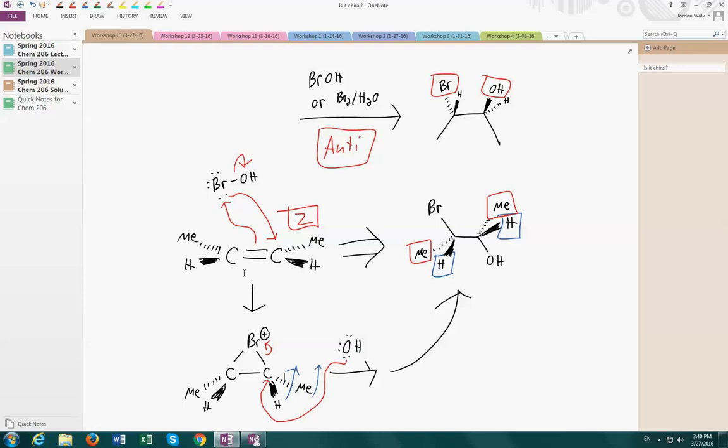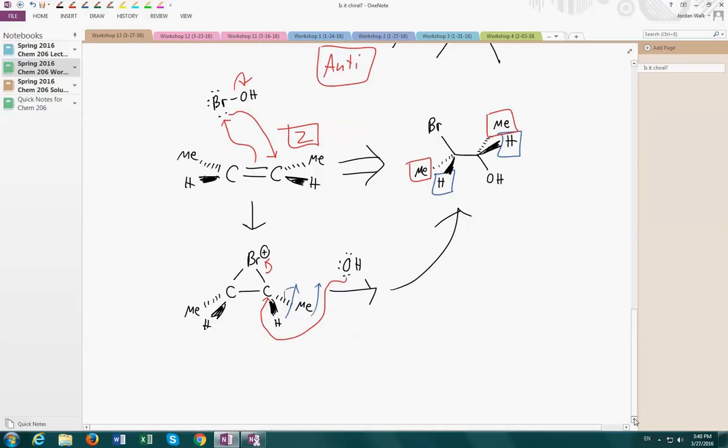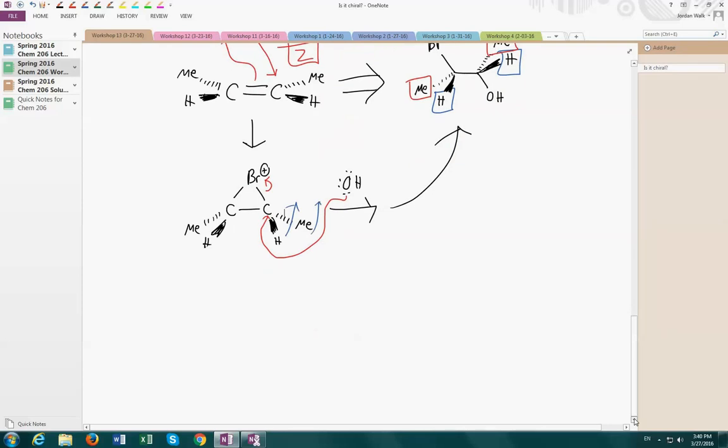In the back? How would it differ if it was Br2 in H2O? So the mechanism is a little bit different in that you end up with the same intermediate. All right, so you'll end up with this intermediate.